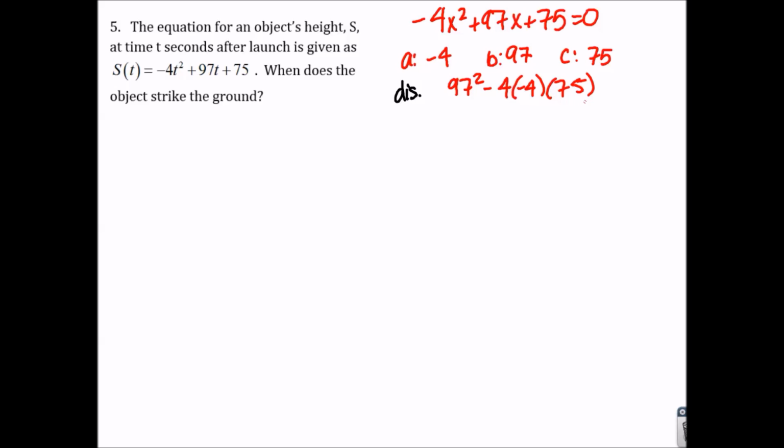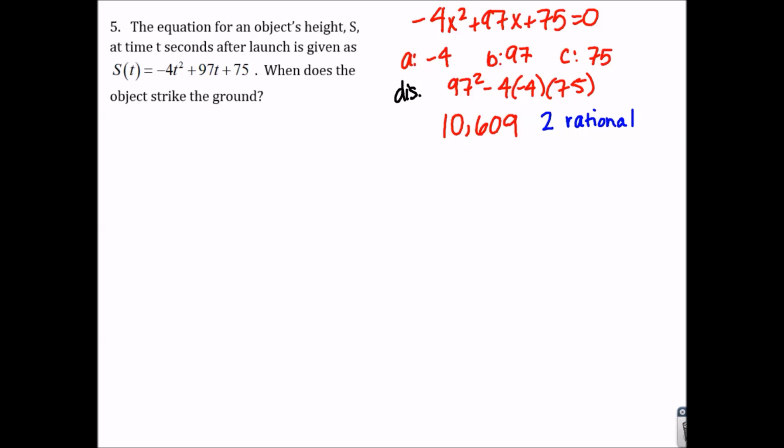Then you can type that in your calculator, and you get 10,609. So you can check and see that is actually a perfect square. So we're going to have two rational solutions.